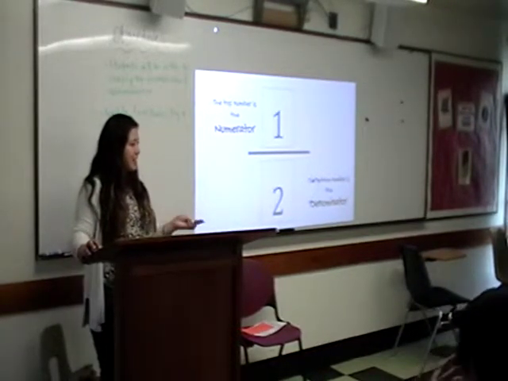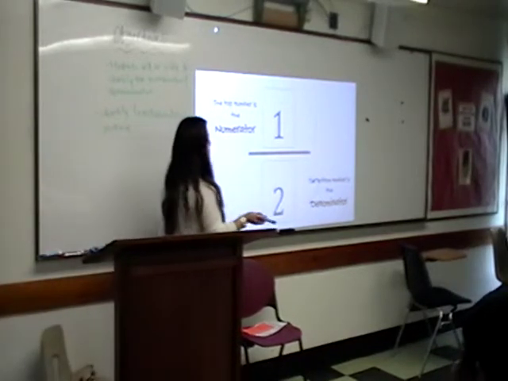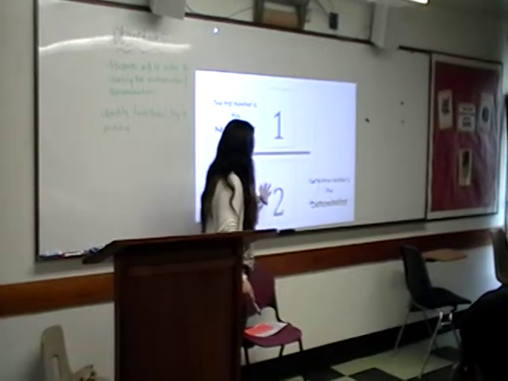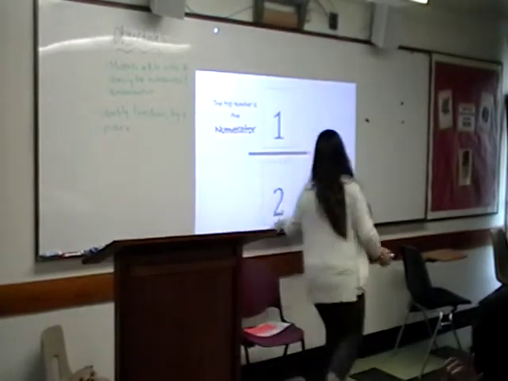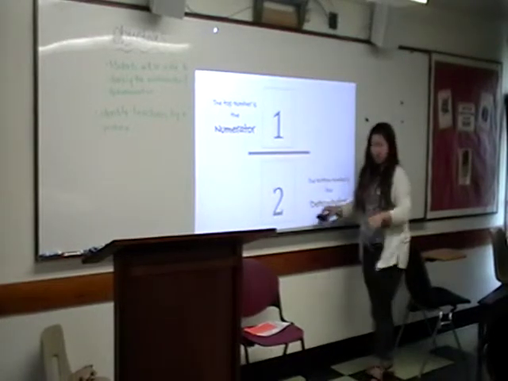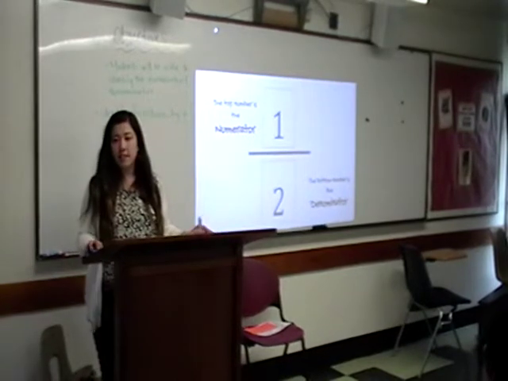Can you say that? Denominator. Awesome. The way I like to remember: top number, numerator, and the bottom one starts with D, denominator. So I just think of down. Down, denominator, it goes on the bottom. You are already getting the hang of it.